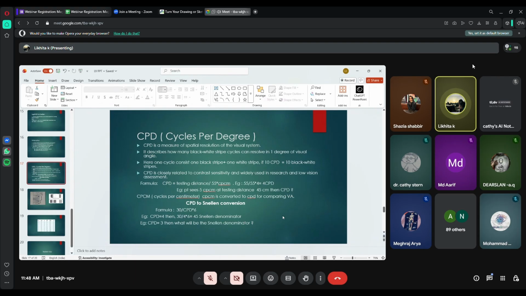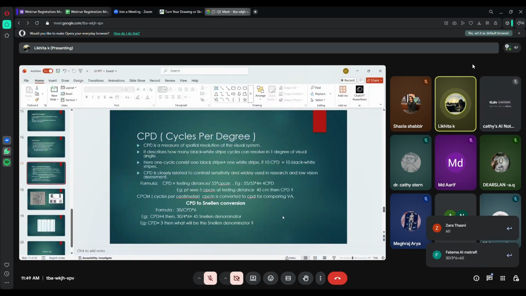So in this example, if the CPD is equal to 3, then what will be the Snellen denominator? No, I'm coming again.